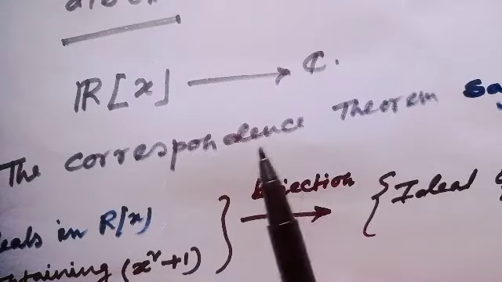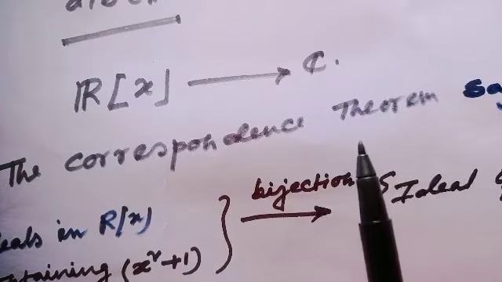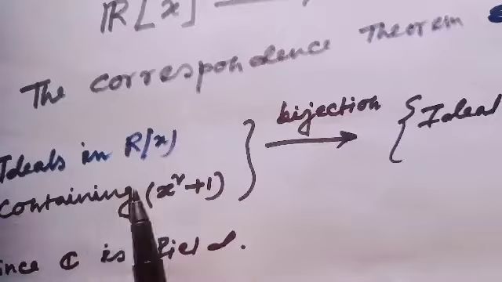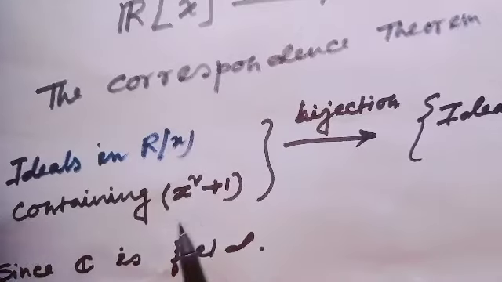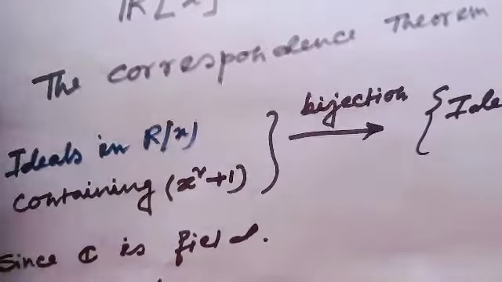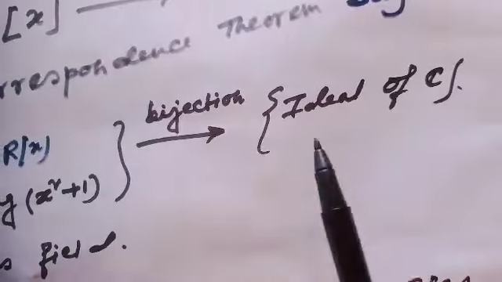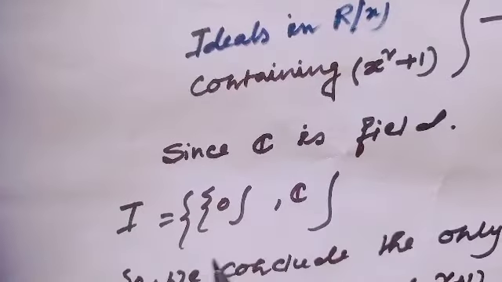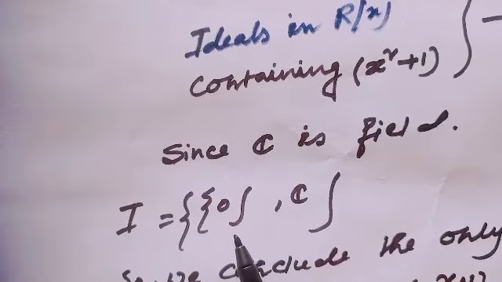There exists a mapping from R[x] to the complex numbers. Then by the correspondence theorem we can say there exists a bijection between ideals in R[x] containing x² + 1 and ideals of C. And since C is a field, obviously there exist two ideals, the zero ideal and C itself.